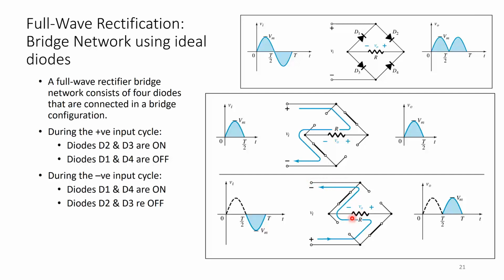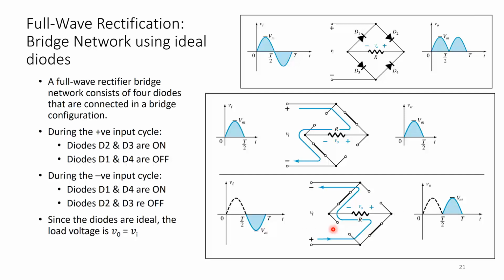So Vout in both cases has the current entering the top terminal positive. Both the positive and negative cycles are shown as positive Vout. Since the diodes are ideal, the load voltage Vout is equal to Vin.